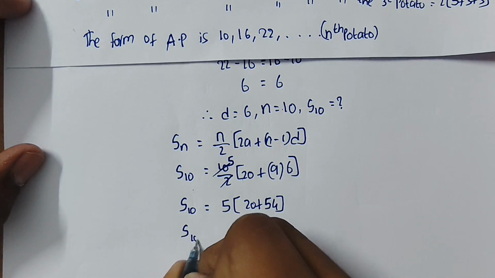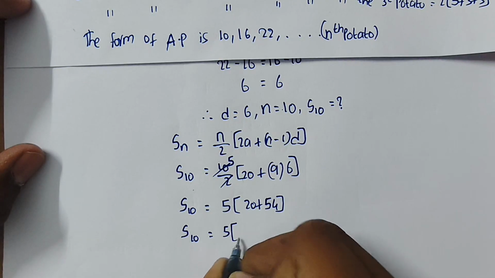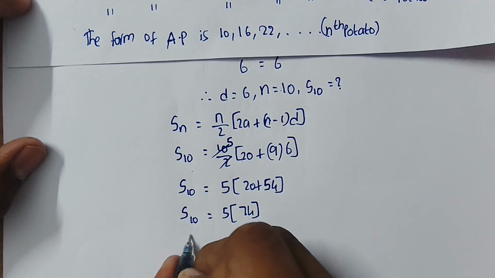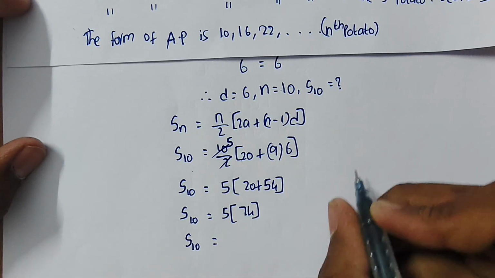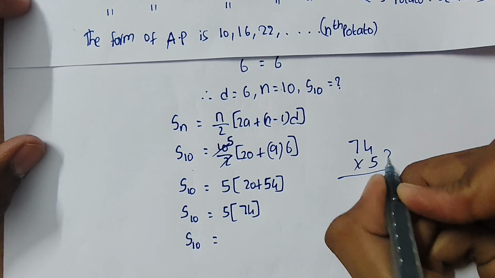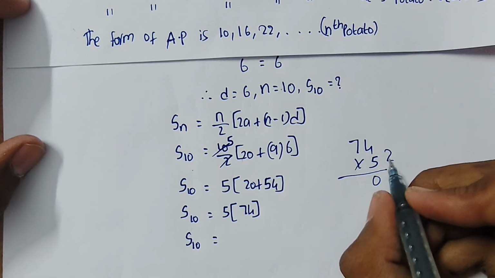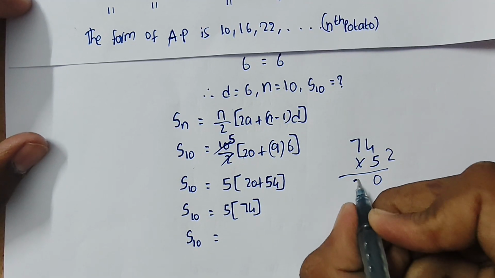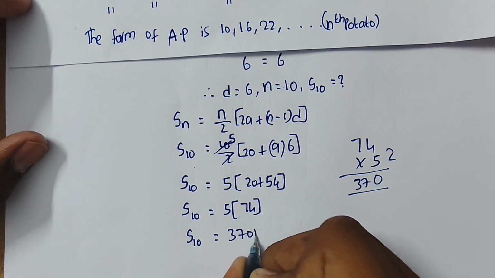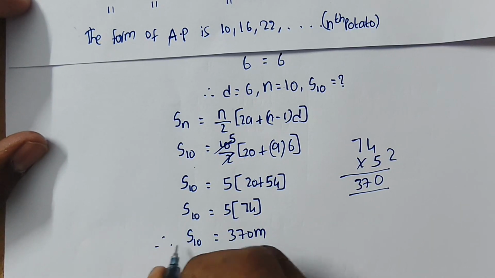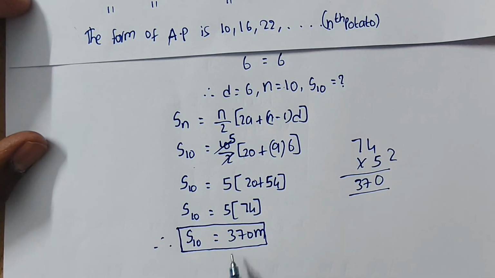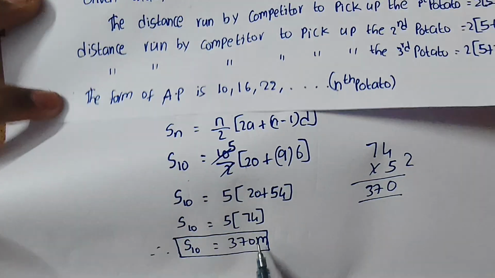So 5 into 20 plus 54, 74. So the sum equals 74 into 5. 5 fours are 20, 5 sevens are 35 plus 2, 37. So 370 meters. Therefore the sum of 10 potatoes distance equals 370 meters.